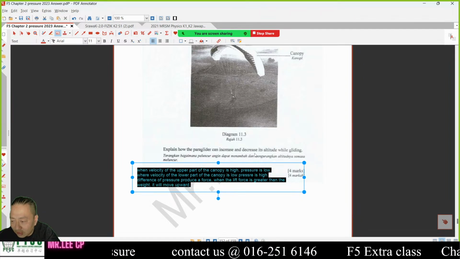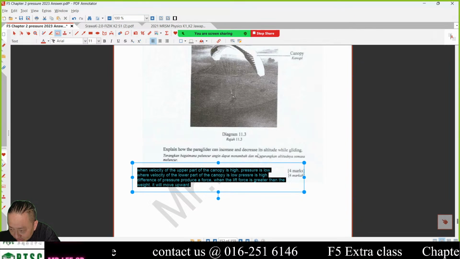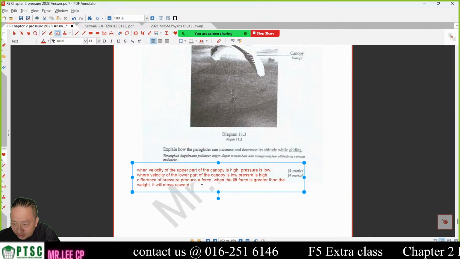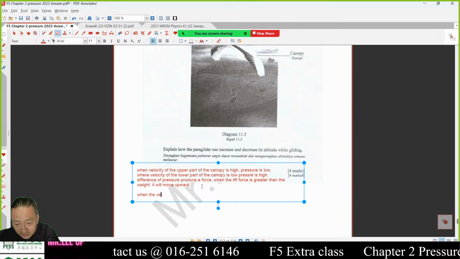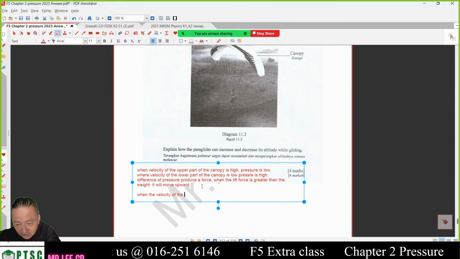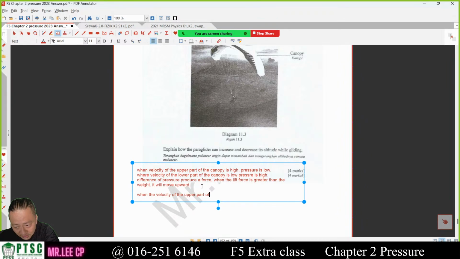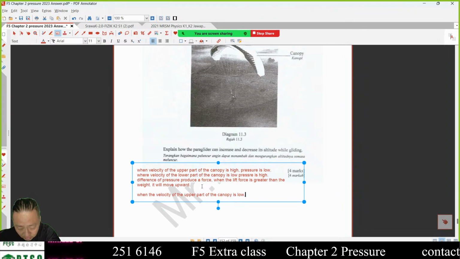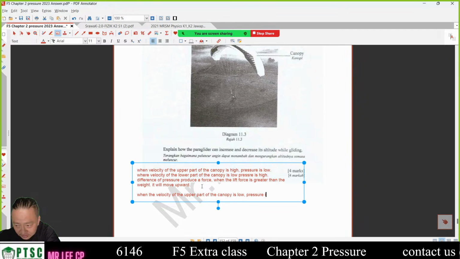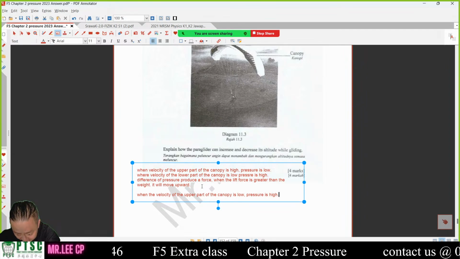Now, how to go down? You want to increase the altitude and decrease the altitude, so you write everything the other way round. When the velocity of the upper part of the canopy is low, pressure is high.